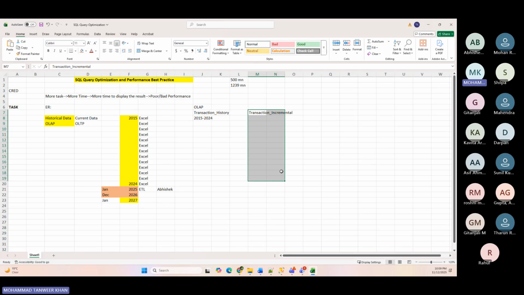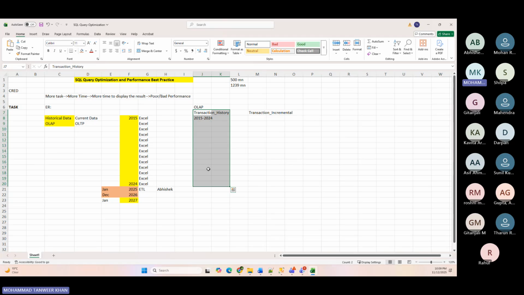Then sometimes it happens that we plan to load this data from the transaction incremental table to the transaction history table. In that case, we will directly take this and dump it into the transaction history. But I am not telling that this always happens in each and every project.